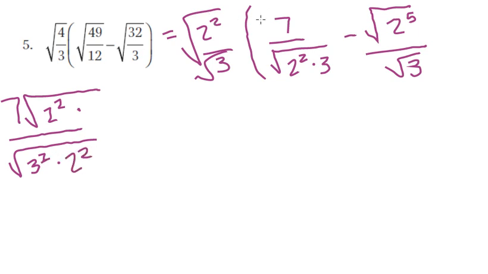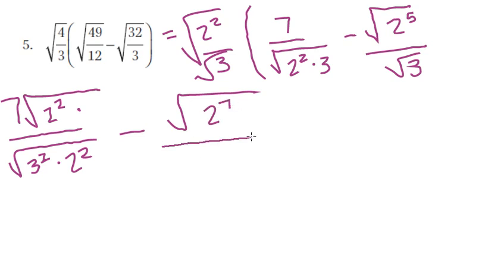This is outside the radical, so this is 7 times the square root of 2 squared. This is already under the radical, so now I have 2 3's, 2 2's. That is being subtracted by, well, this is 2 squared times the square root of 2 squared, times the square root of 2 to the 5th. So this is going to be minus the square root of 2 to the power of 7.